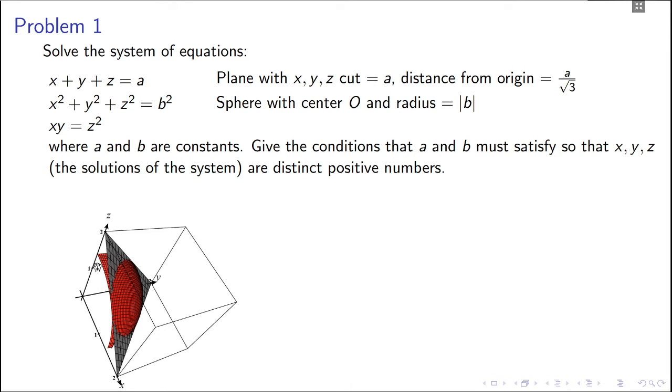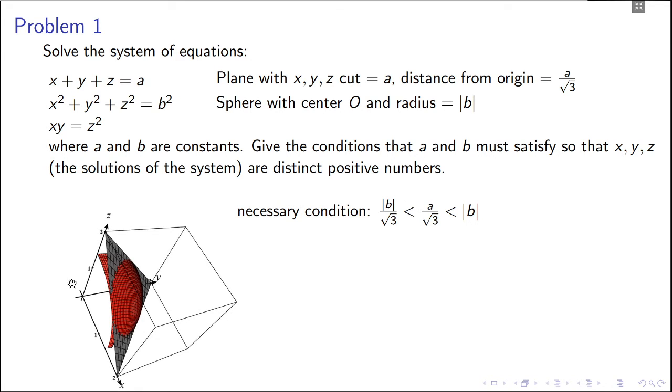So the plane, when it goes through the cut of the sphere, the distance will be what? It will be mod b by root 3, and the distance of the plane is mod a by root 3. So the minimum condition is this: mod b by root 3 is less than mod a by root 3 is less than mod b.